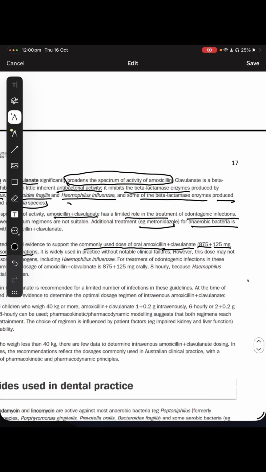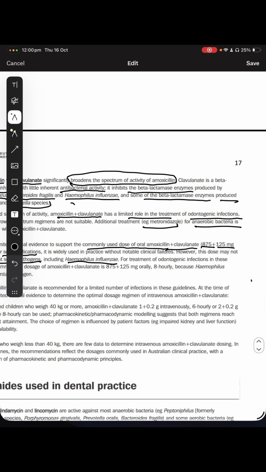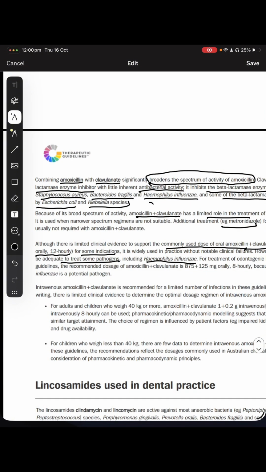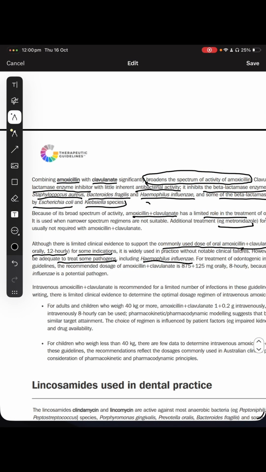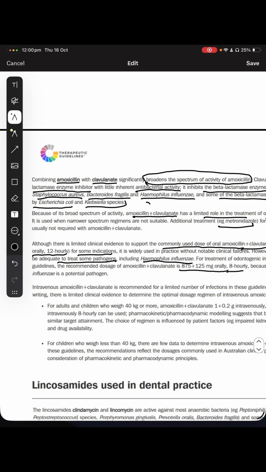However, this dose may not be adequate to treat some pathogens, including Haemophilus influenzae. For treatment of odontogenic infection in these guidelines, the recommended dosage of amoxicillin plus clavulanate is 875 plus 125 milligram orally, 8 hourly, because Haemophilus influenzae is a potential pathogen.